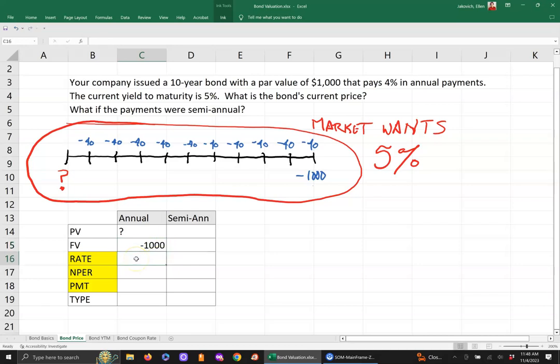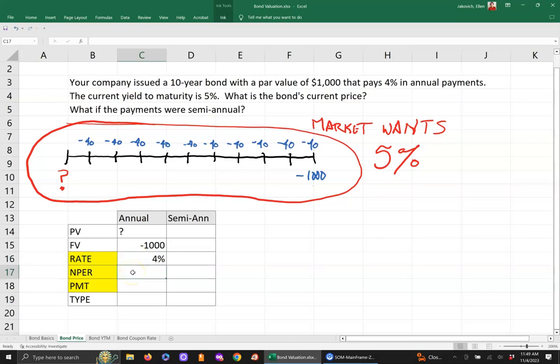It's an outflow. So now these three are in yellow, remember, because rate, number of periods, and payment must be on the same time frame, whatever the smallest time frame mentioned in the problem is, and it is annual payments. So rate is always given in annual terms, so it's already good to go at 4%.